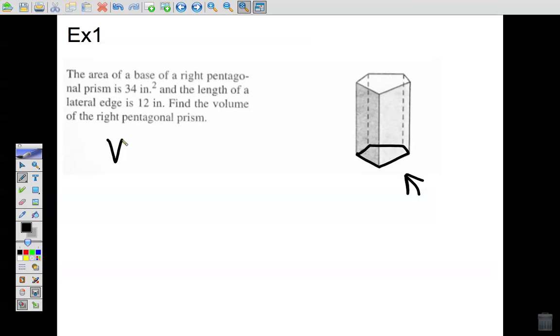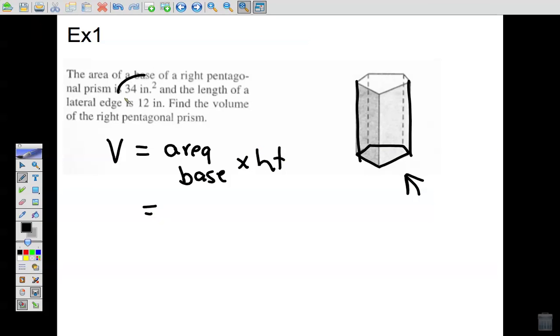Now, example 1 really is pretty straightforward. Notice that this figure is straight up and down, so it's just your typical volume. We'll find the area of the base, and we're going to take that times the height. They give us the area of the base, 34. When they say the length of a lateral edge, lateral means the sides. So the length of the sides is 12 inches, which is the height.